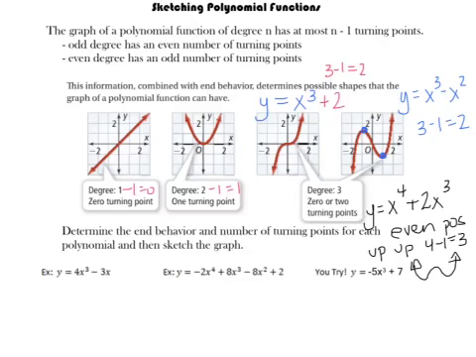Now, for a second, if we had the graph y equals x to the 4th plus 2, and it didn't have that x cubed, well, that is a special case. We still have even and positive, so we still have up and up, but in this case, instead of 3 turning points, we're only going to have 1 turning point.